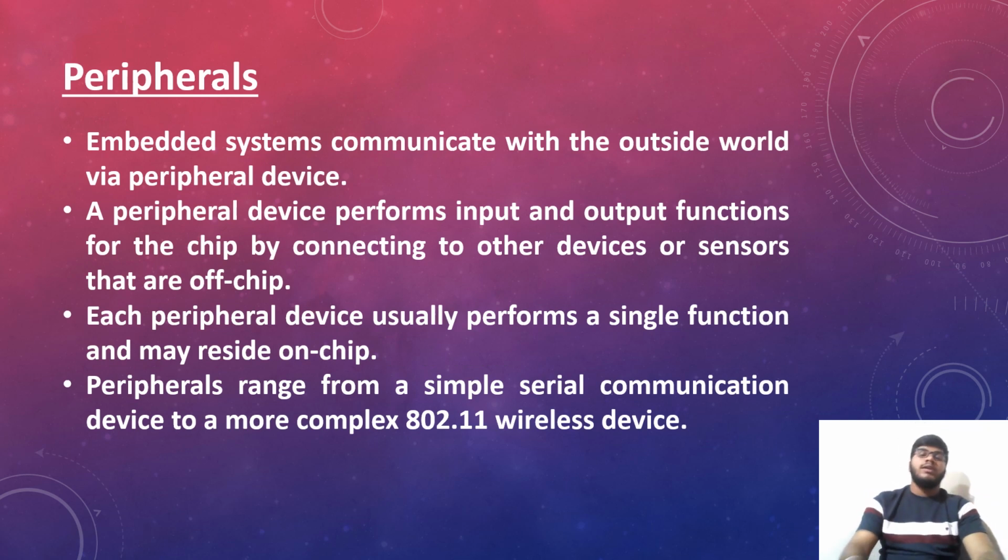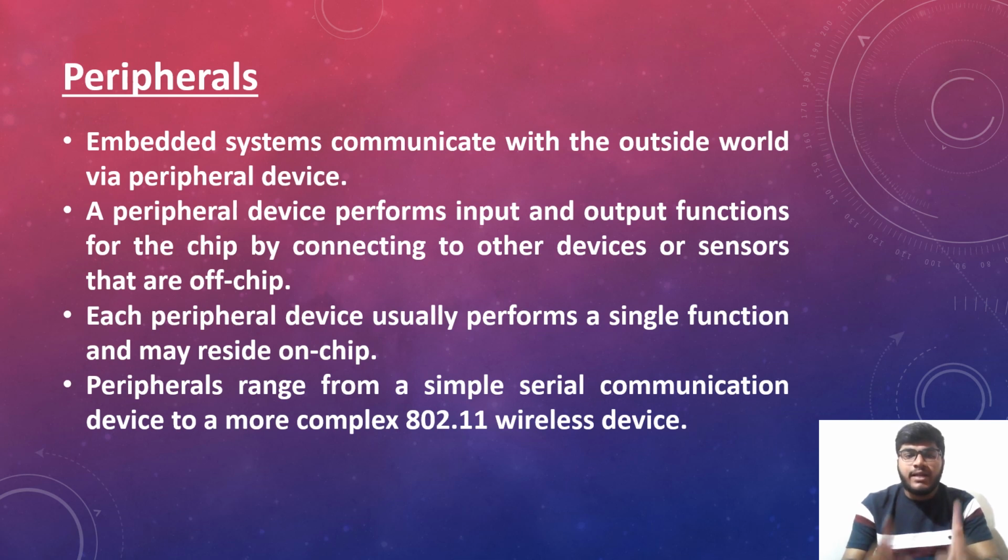And moving on to the next component in the embedded hardware, that is peripherals. Mainly peripherals communicate between the outside world and the embedded system. The embedded system can communicate with the outside world via peripheral devices. A peripheral device performs the input and output functions for the chip by connecting to other devices or sensors that are off chip.